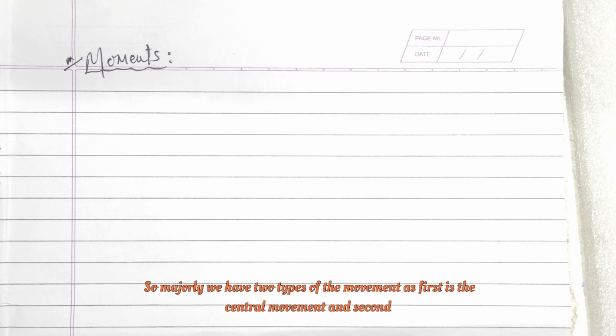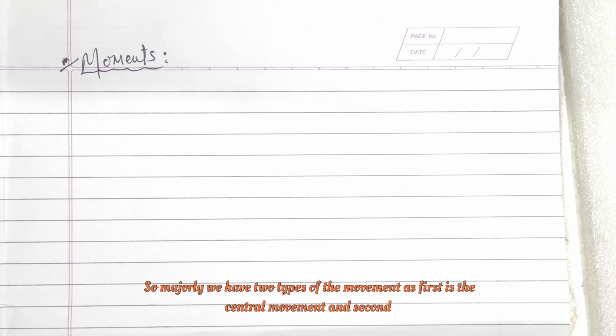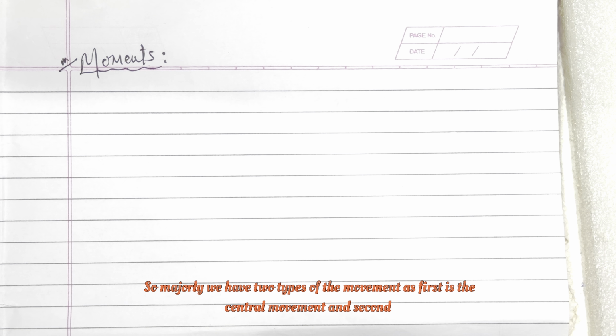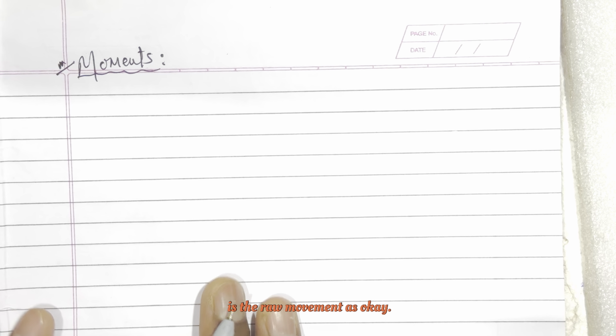Majorly we have two types of moments. First is the central moment and second is the raw moment. How many types do we have?